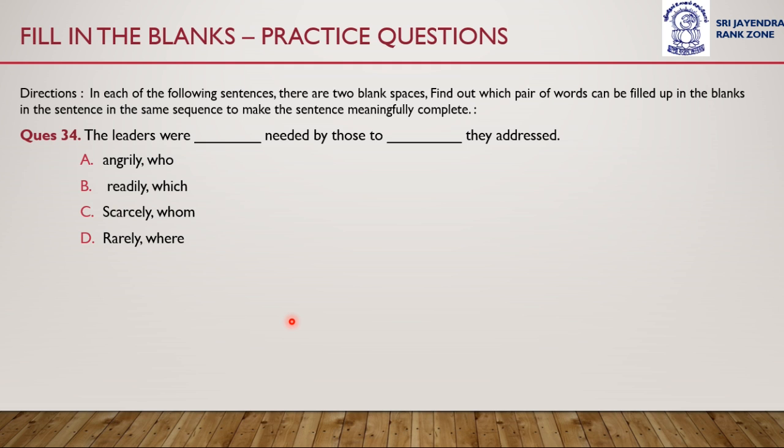Option A is angrily and who. Option B is readily and which. Option C is scarcely and whom. And option D is rarely and where.